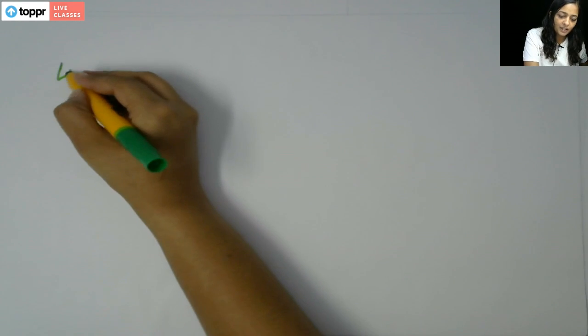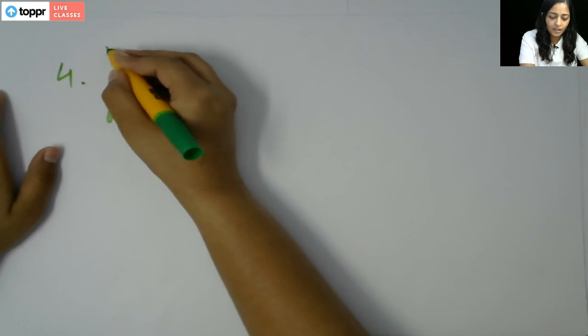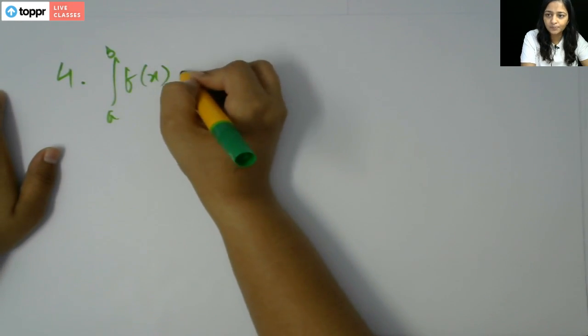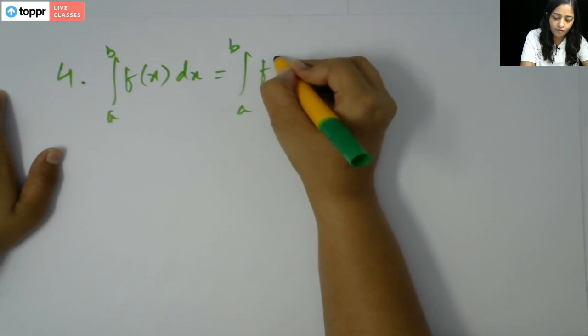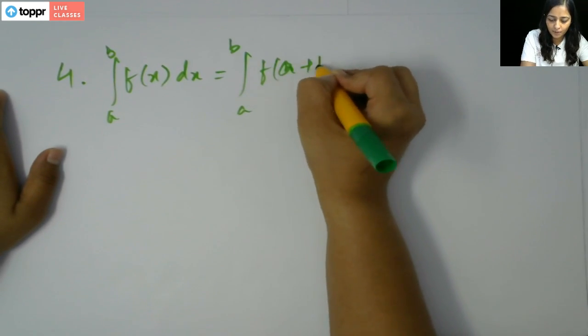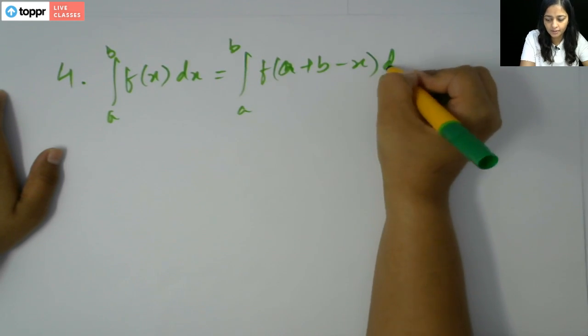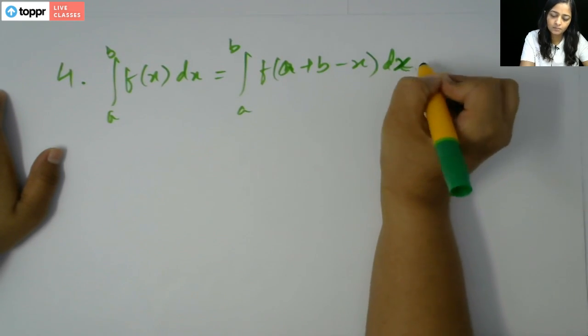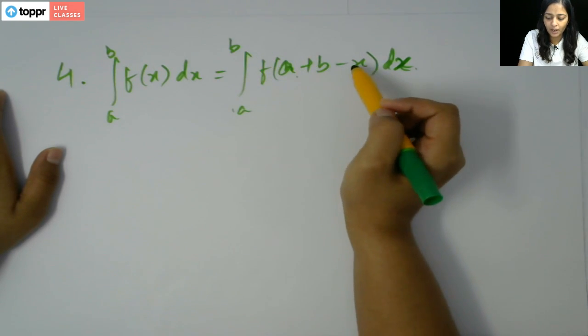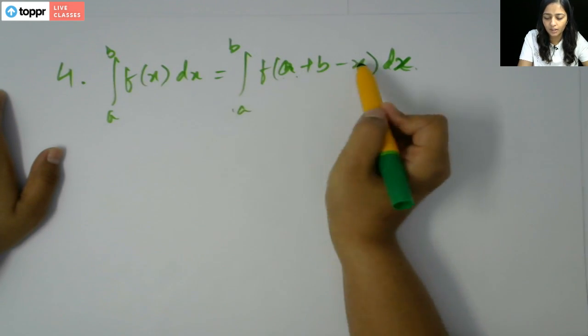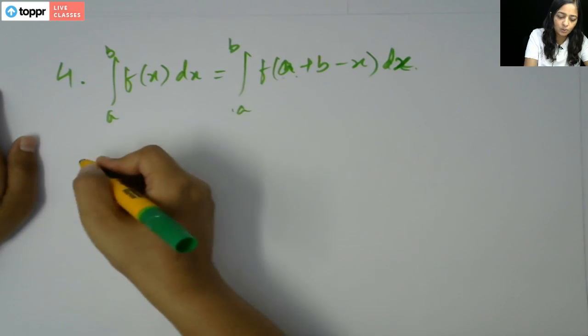The fourth property is integral a to b of f(x) dx is always equal to integral a to b of f(a plus b minus x) dx. So if you add the upper and the lower limit and subtract x from it, then the integrals are always equal.